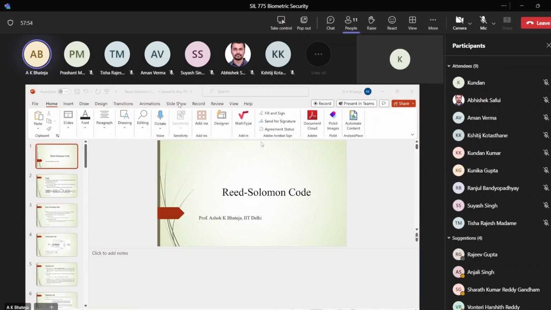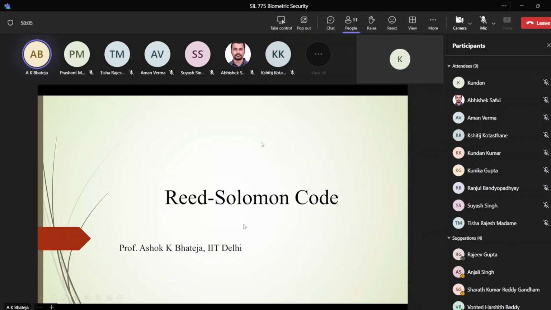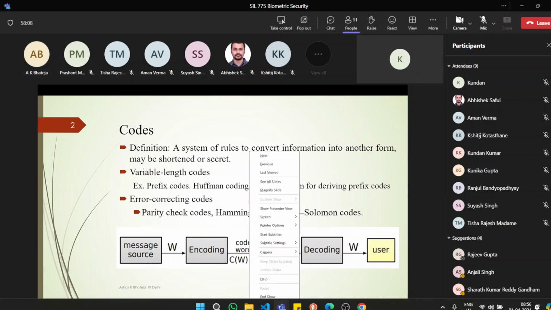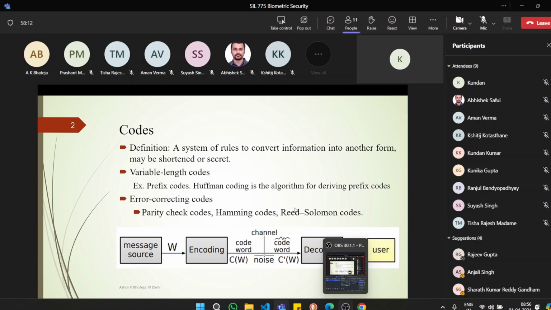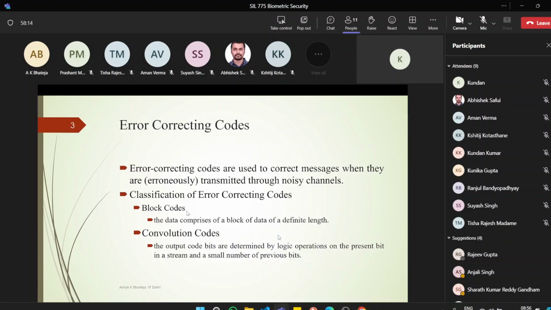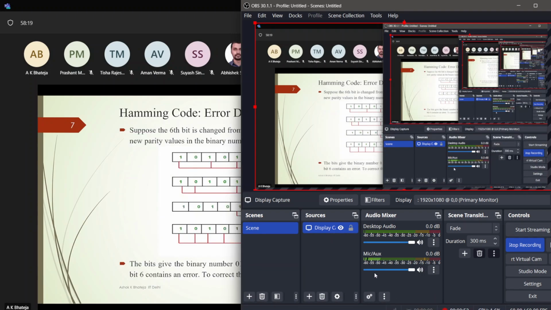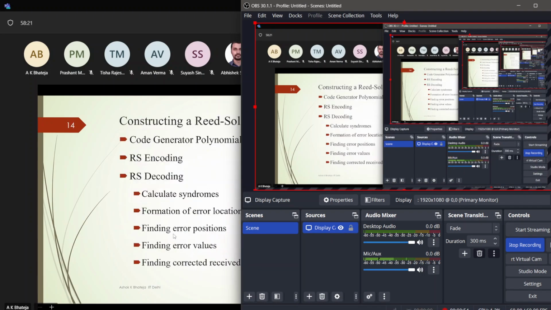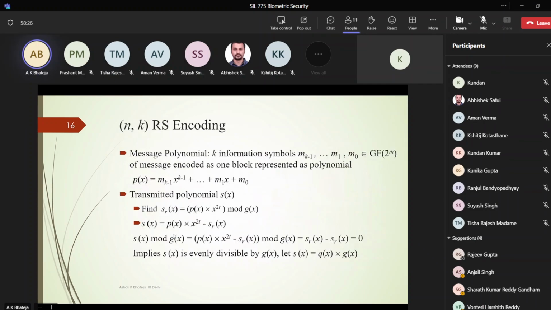So in the previous class, we have discussed many of the things related to Reed-Solomon code. Encoding of Reed-Solomon code we have completed.